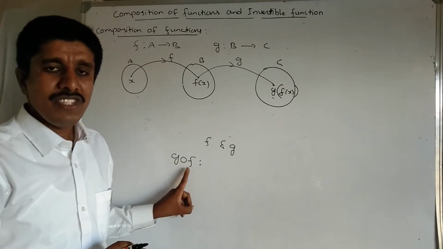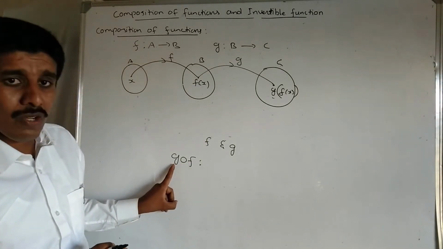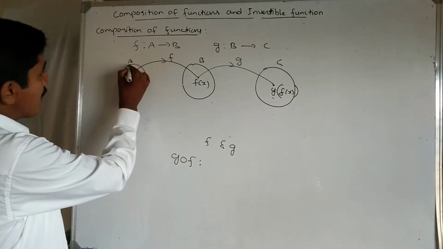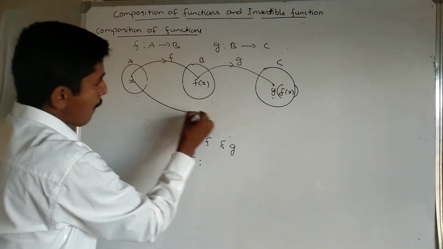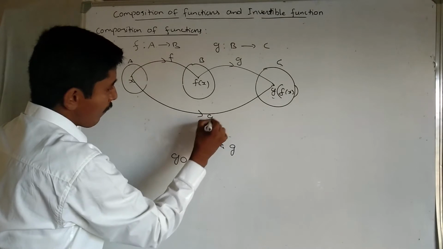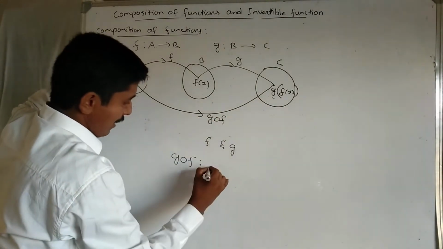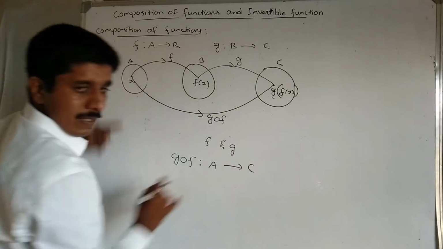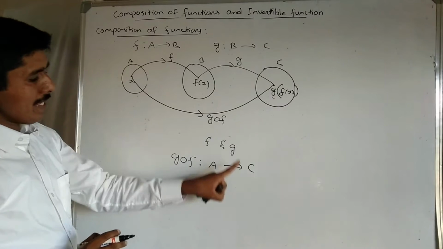Simply, it is from f's domain to g's codomain, very important. From f's domain set A to g's codomain set C. So g o f is from set A to set C.